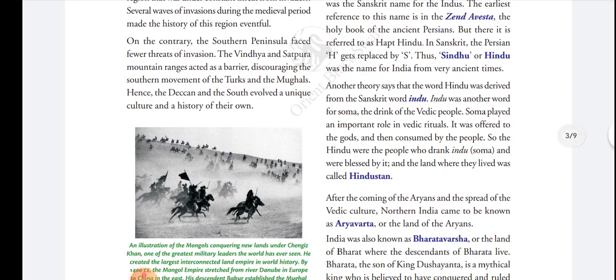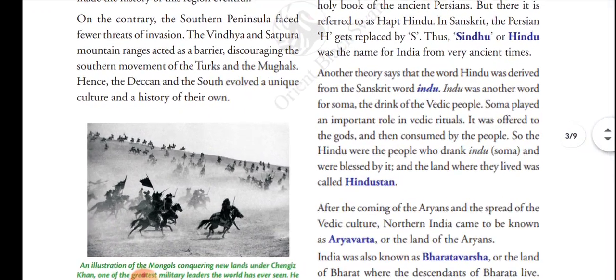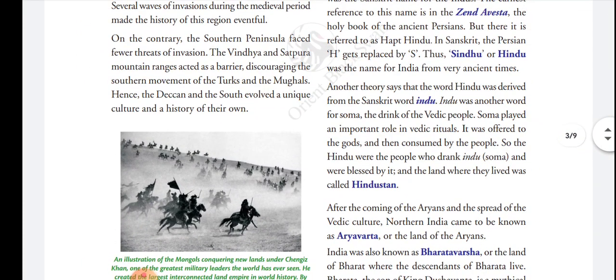Another theory is that Hindu was derived from the Sanskrit word Indu, and Indu was another word for soma. It is a drink of the Vedic people. The soma played an important role in Vedic ritual.